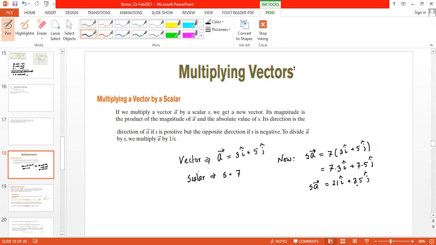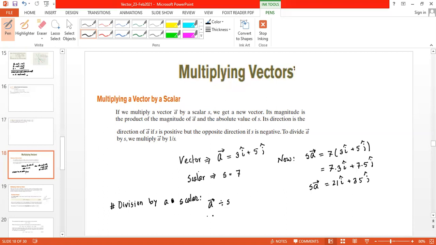And the same thing can be applied for division. For example, let's talk a little bit about division by a scalar. I want to divide vector a by s. This is very easy.